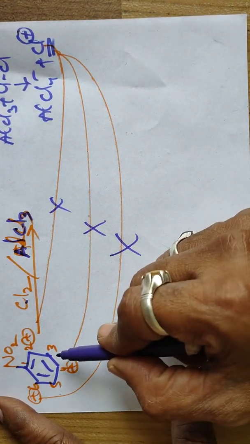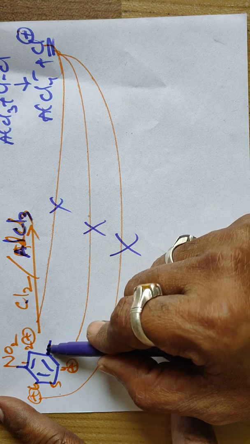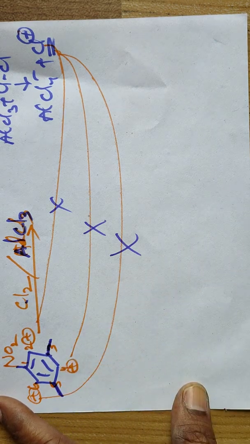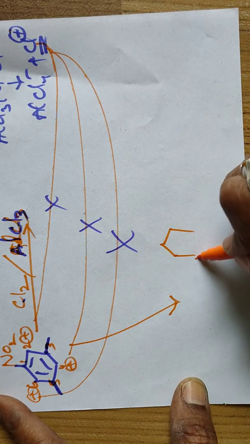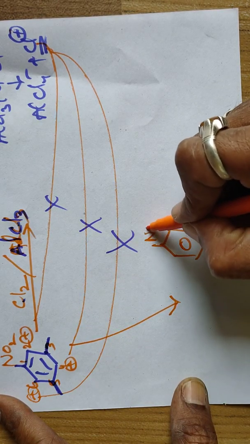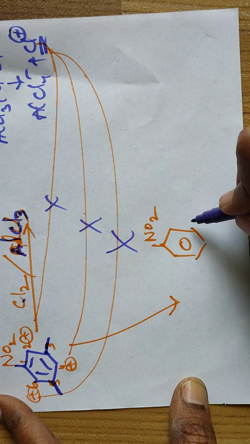The correct one is this position and this position, which are relatively possible, and the product is as usual NO2 written and Cl attacked on this one.